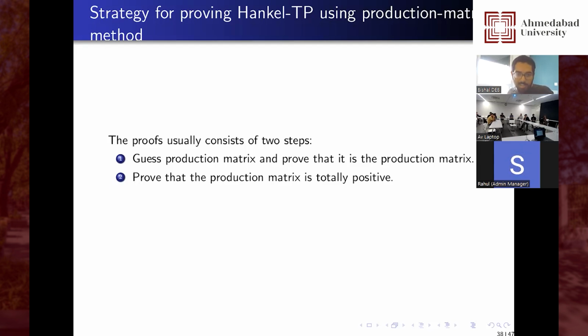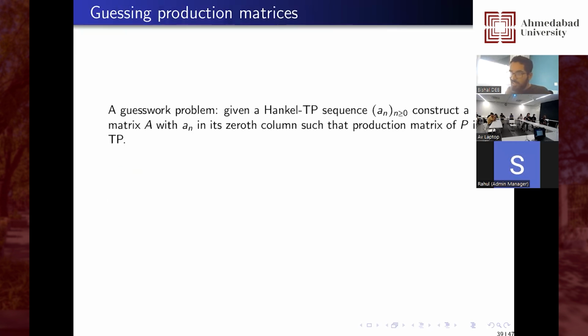That usually is the hardest part of the process. Then probably in a few years you can prove that it is the production matrix, and you also hope that the production matrix is totally positive. But the hardest part is to get started.